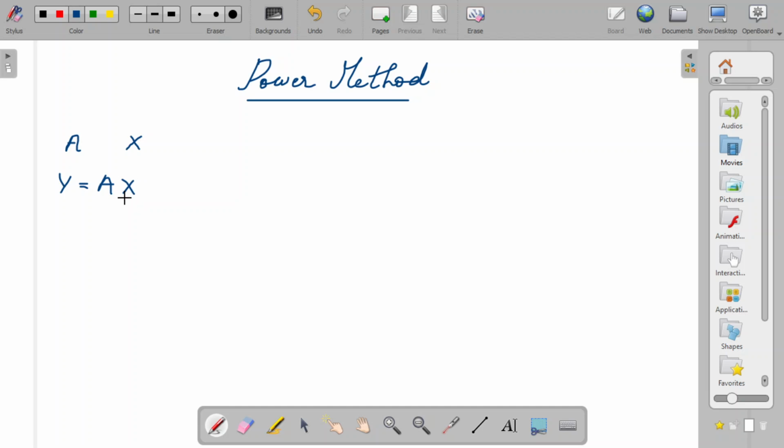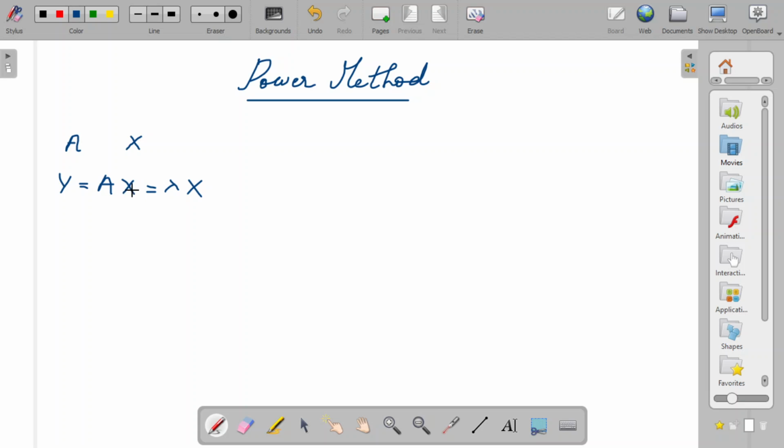So this is the initially assumed value. You can assume anything like 0, 0, 1 or 1, 0, 1, or 0, 1, 0, something like that. Then you know that if this is an eigenvector, I can write this as equal to some constant, which we normally call lambda, into x, right?